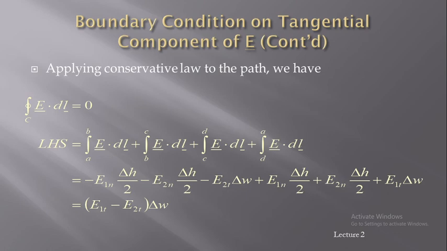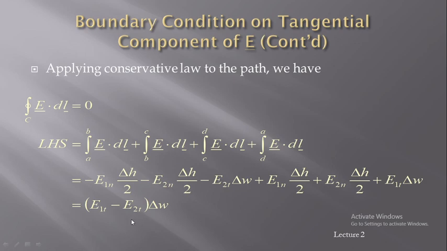Plus now C to D, E1n delta H by 2 plus E2n delta H by 2. This direction is exactly opposite to A to B, so here we can write plus, then here we can write minus. Then finally D to A is E1t delta W.